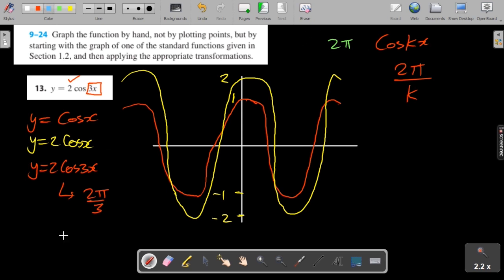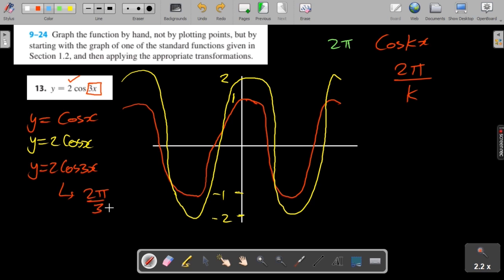This means that your graph is faster, or it completes a cycle faster. It has more cycles in 2 pi than the one that only has one cycle in 2 pi. Because 2 pi is greater than 2 pi over 3, and you have some 2 pi over 3s inside 2 pi. So you have 3 of them, essentially.